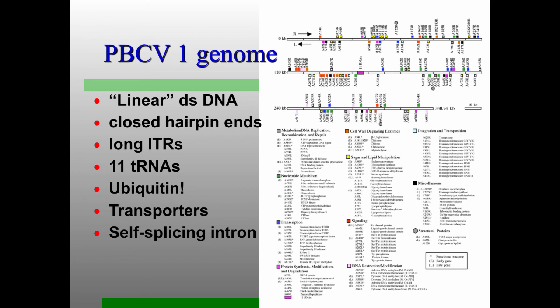So giant viruses, the main thing about these giant viruses really is the translation machinery which is coded for in their genomes. If you look at PBCV1, it's got a bunch of tRNAs that are present in the genome. Otherwise, the genome is extremely similar to the pox viruses.